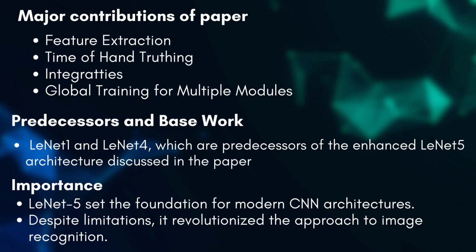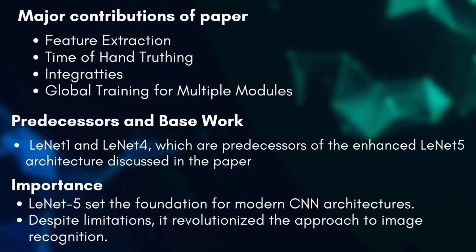The paper we are discussing solves several major problems in pattern recognition. Let's explore the key challenges it tackled and how it paved the way for modern machine learning systems. Problem 1. Feature extraction. Traditionally, extracting features from images was a manual process.